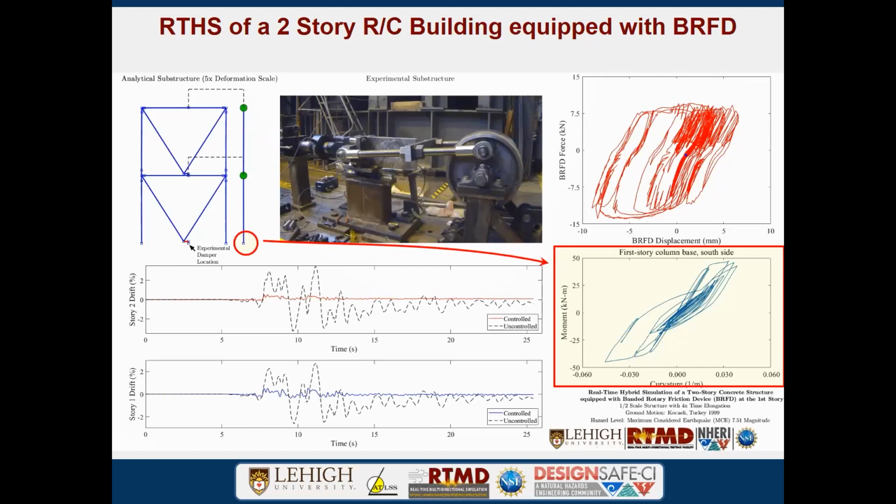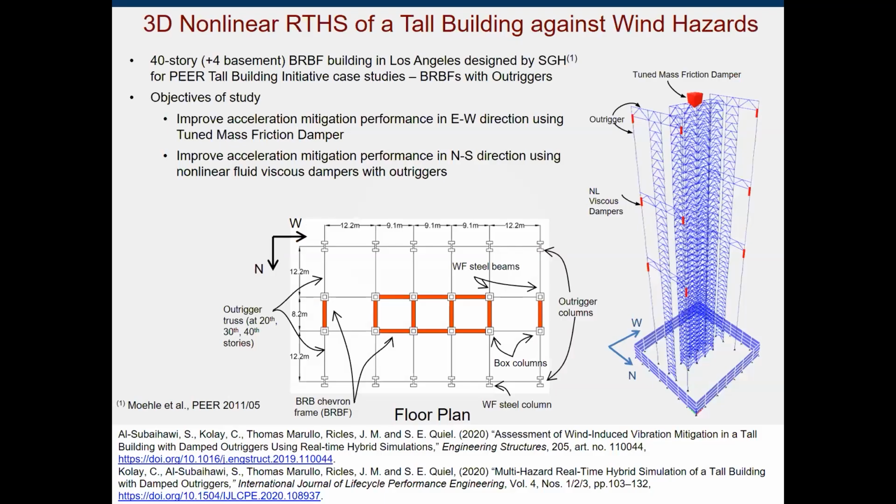And next is kind of off the topic, but I still want to show you some applications under wind load. So in here we utilize these dampers in a 40-story steel structure. So this is a 40-story building, and we assume it is located in Los Angeles. It consists of a BRB frame in the middle and outrigger columns on its east and west sides.